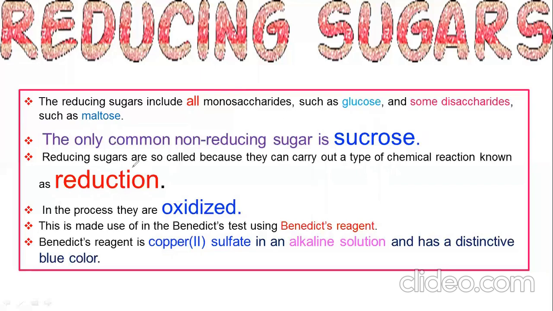Reducing sugars have the ability to do reduction, which means they will give electrons to another. So the other will accept electrons, while the sugar will remain oxidized because it gave electrons to another. So how will we check whether a sugar is reducing or non-reducing? We will do the Benedict test, using Benedict reagent, which is actually copper sulfate.